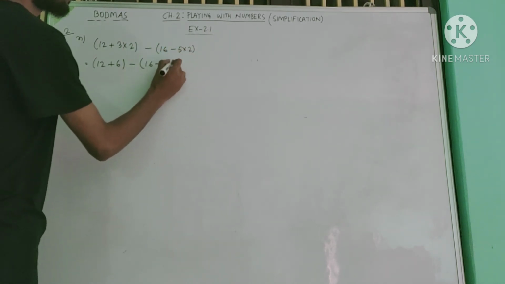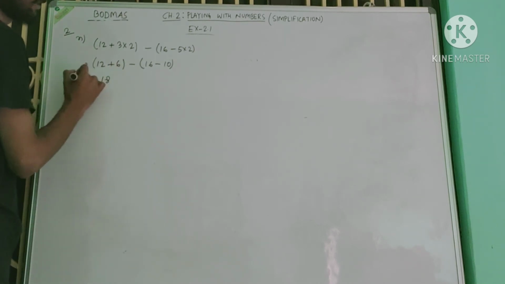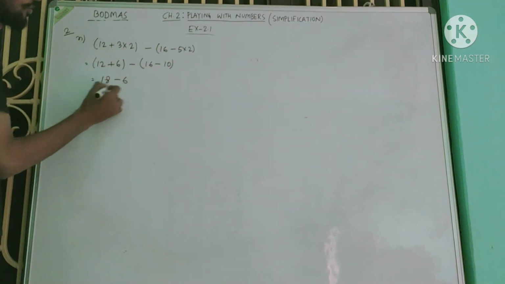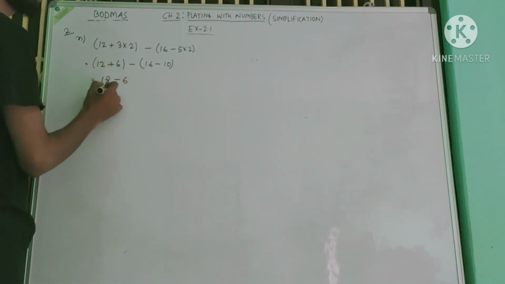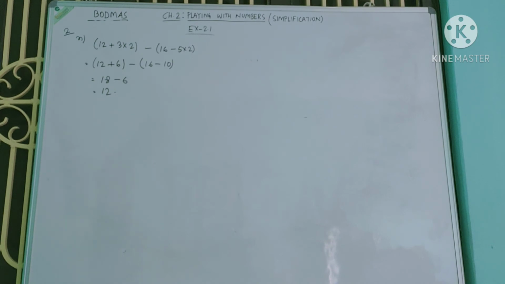So 16 minus 5 into 2, 10. Now 12 plus 6 is 18 minus 16 minus 10 is 6, which means we can write 18 minus 6 is 12, which will be our answer. This was very easy.